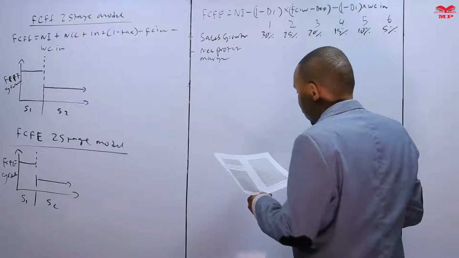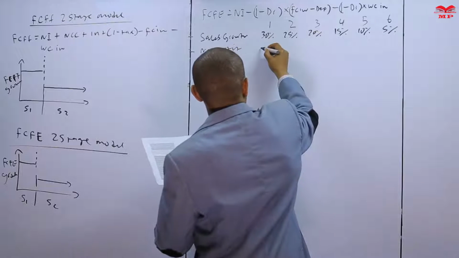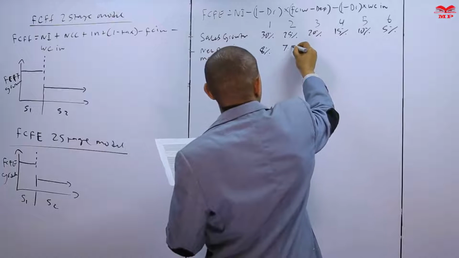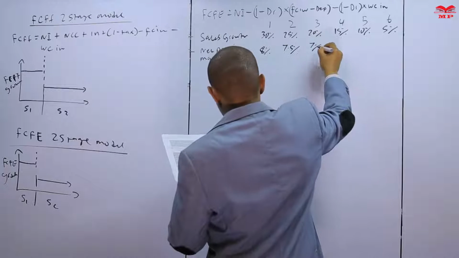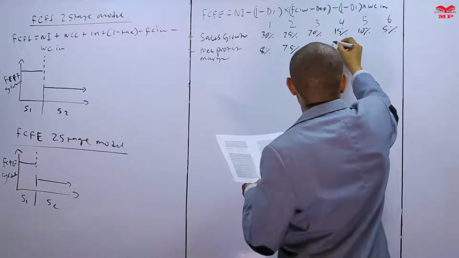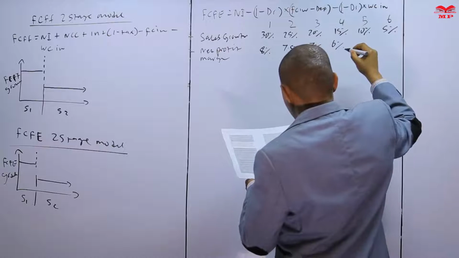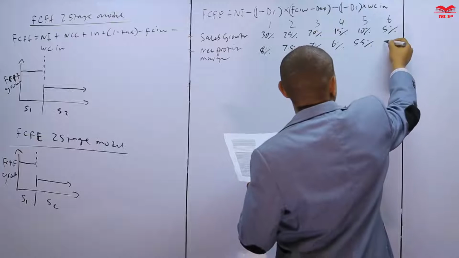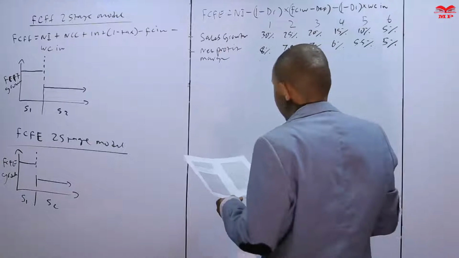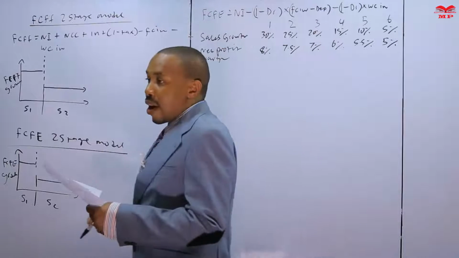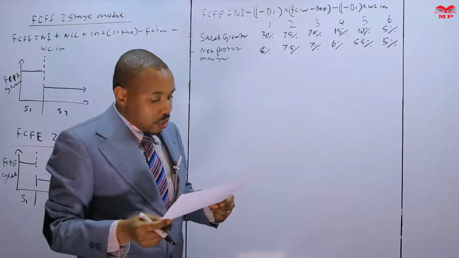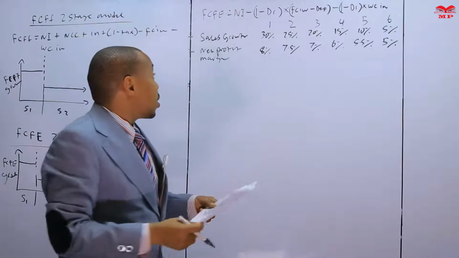The net profit margin as well, we just include very quickly: 8%, then 7.5%, 7%, 6%, 5.5%, and 5%, finally. Now, from the information, we only have the revenues currently, or in year 0.